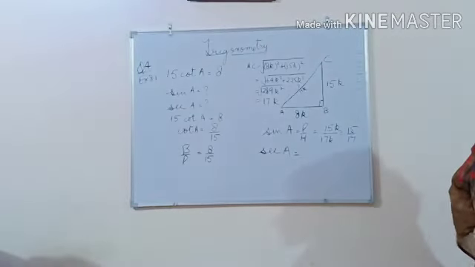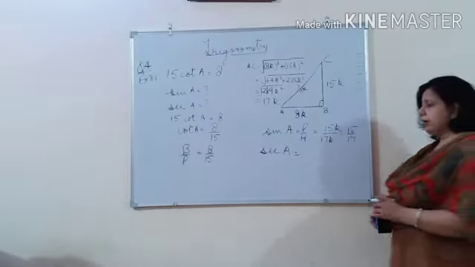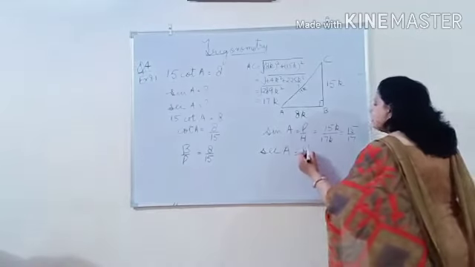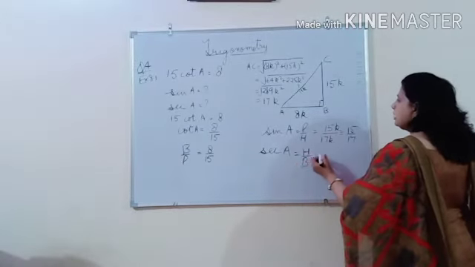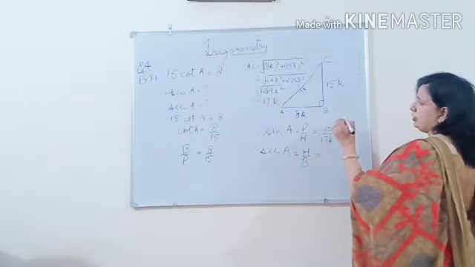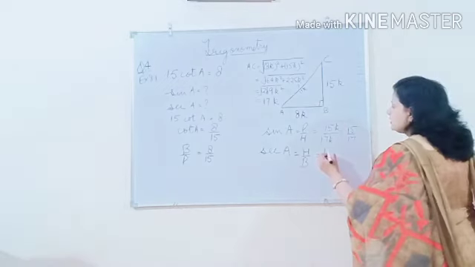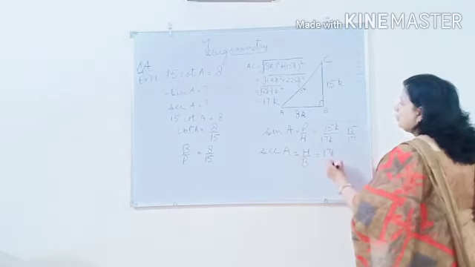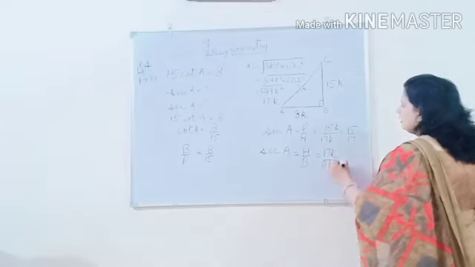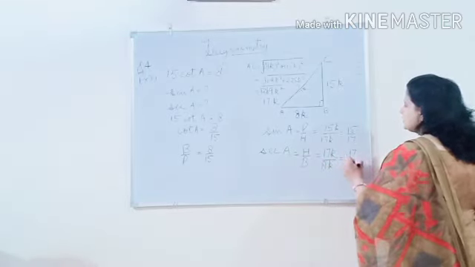Cos A is b by h, so sec will be h by b, hypotenuse by base. Hypotenuse is 17K and base is 8K, so this will be equal to 17 by 8.